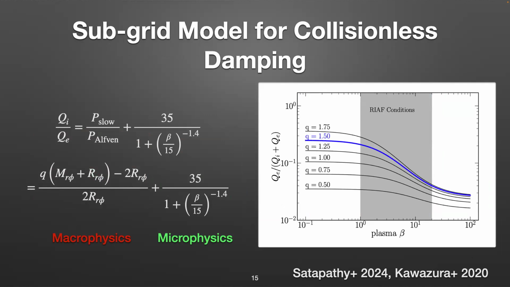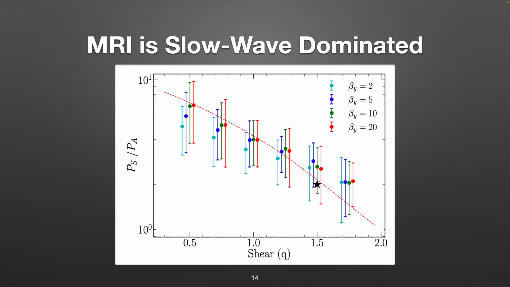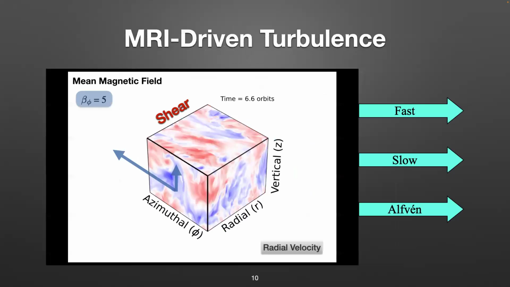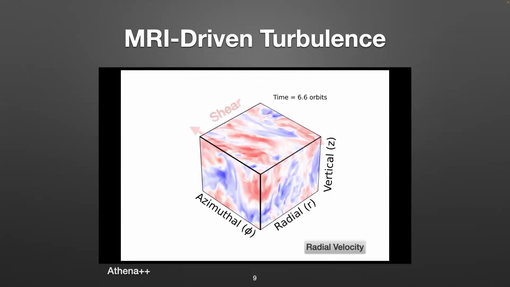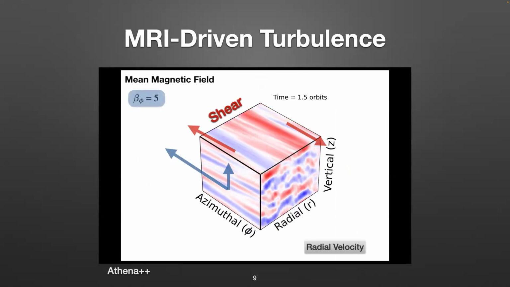Sorry for the technical and therefore boring question, but what's your box size on this and what's your quality factor? Quality factor is your MRI quality factor. So unstratified MRI, that's the linear mode, which means we are resolving it.